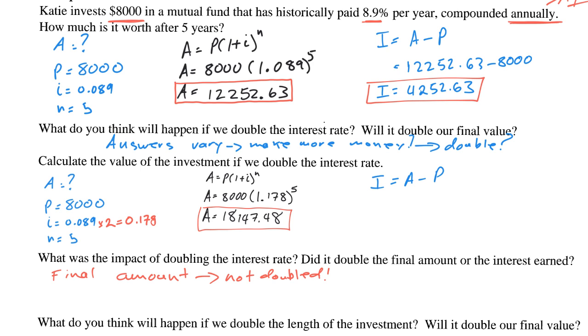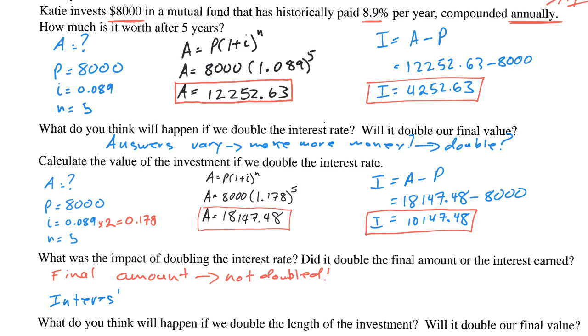Now let's do the interest for the second calculation where we doubled the interest rate, and we end up with $10,147 for our interest.